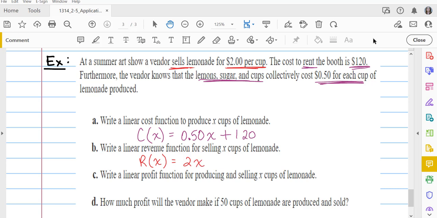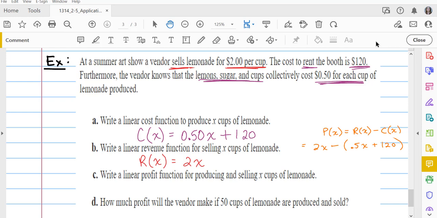Now I want you to write a linear profit function. Remember that profit is equal to revenue minus cost. So your revenue is 2X, and your cost, you've got to put parentheses, is 0.5X plus 120.